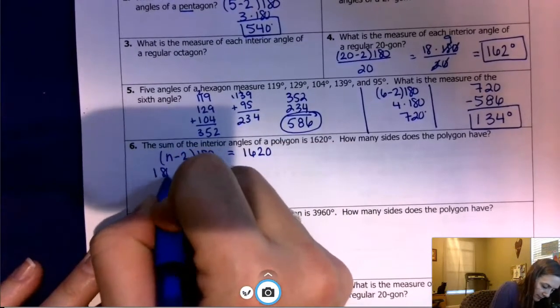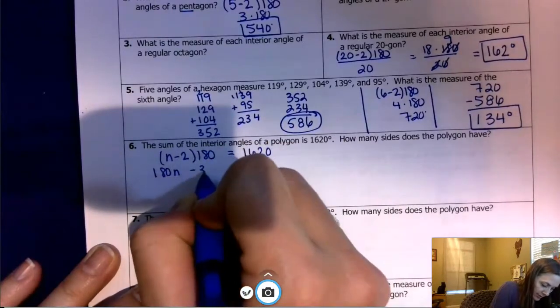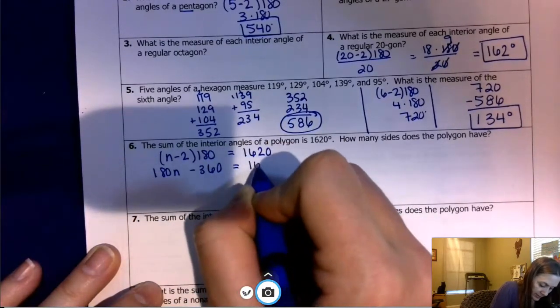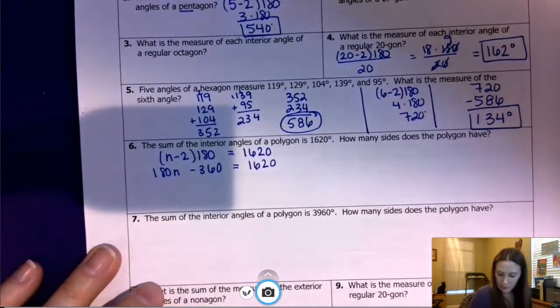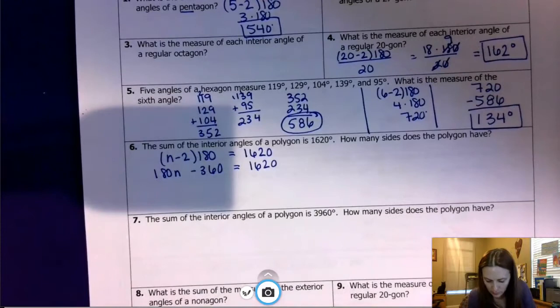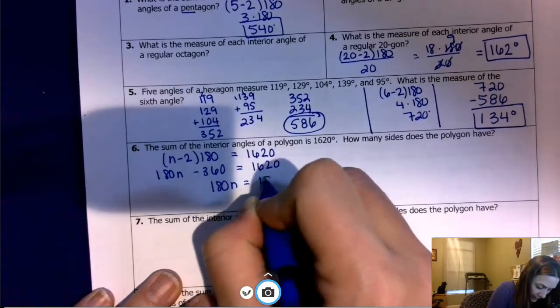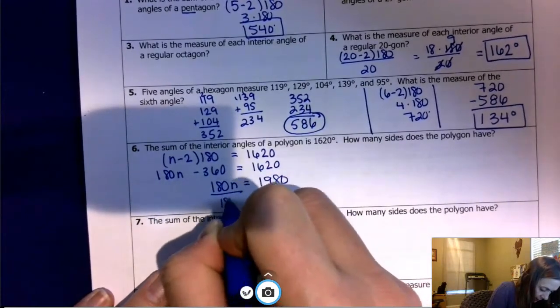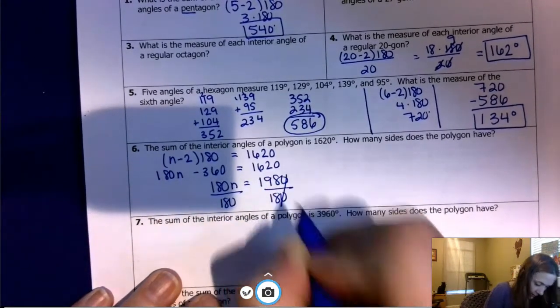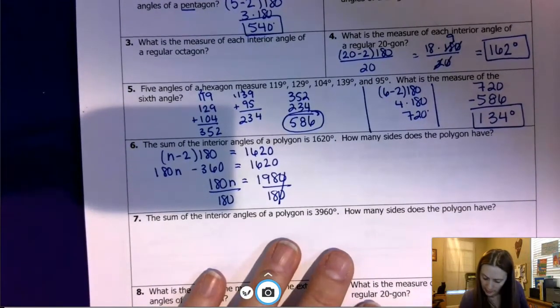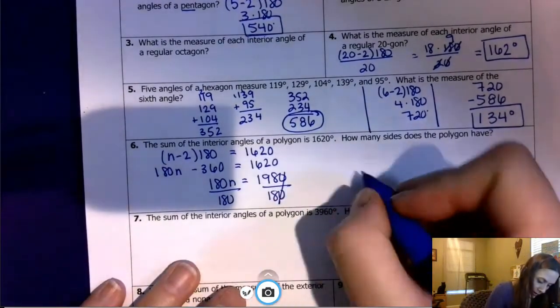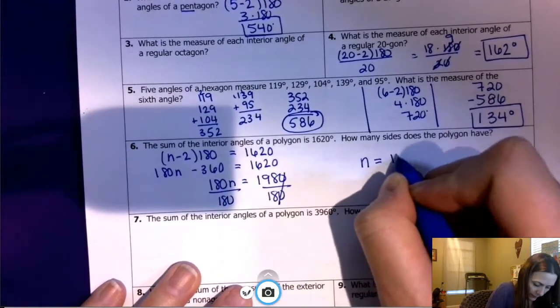I get 180n, and 180 times 2 is 360, equals 1620. I'm going to add that 360 over here. 1620 plus 360, I end up with 1980. 180n equals 1980. Divide by 180. That cancels. We end up with the number of sides being 11.